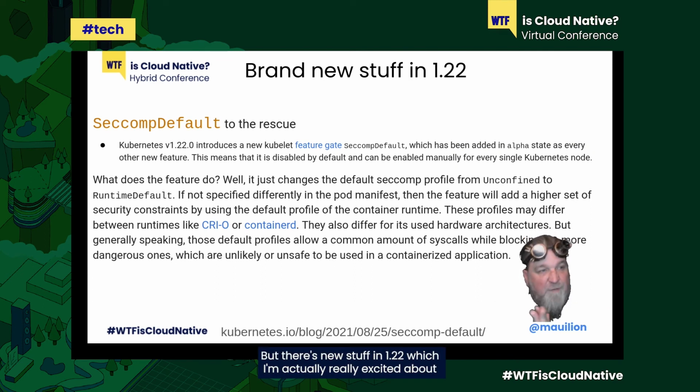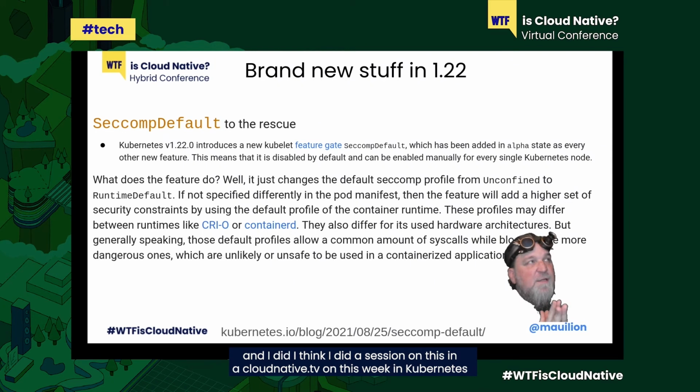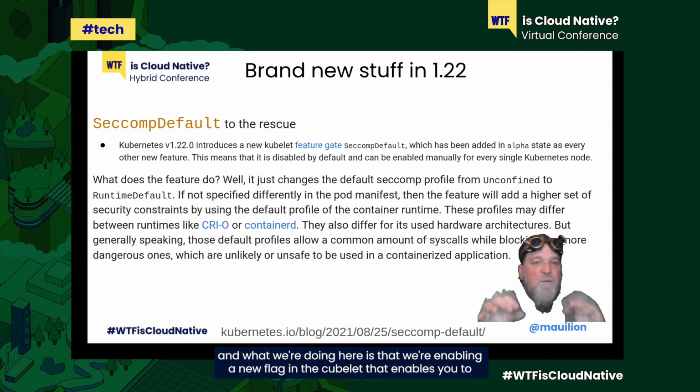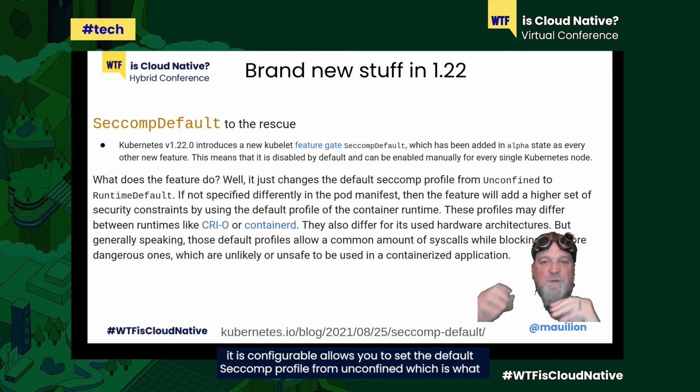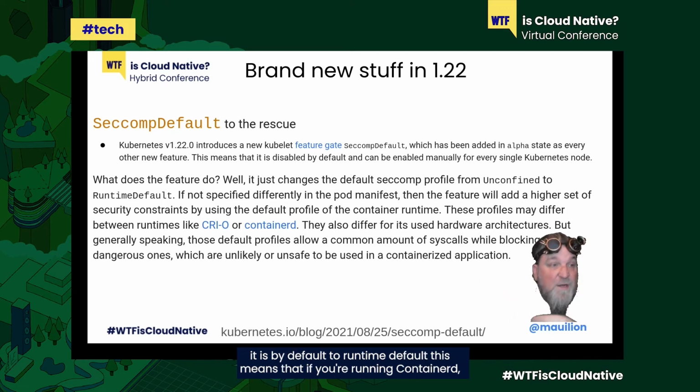But there's new stuff in 1.22, which I'm really excited about, and I think I did a session on this on cloudnative.tv on This Week in Kubernetes. We're enabling a new configurable flag in the kubelet that allows you to set the default seccomp profile from unconfined, which is what it is by default, to runtime default.